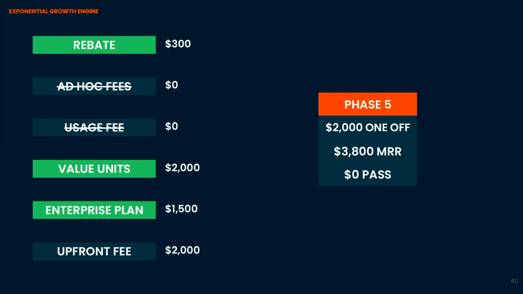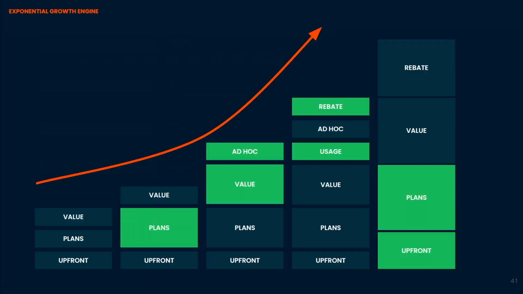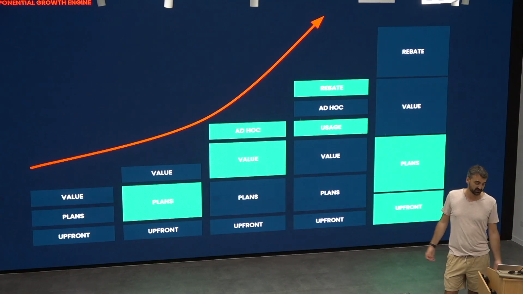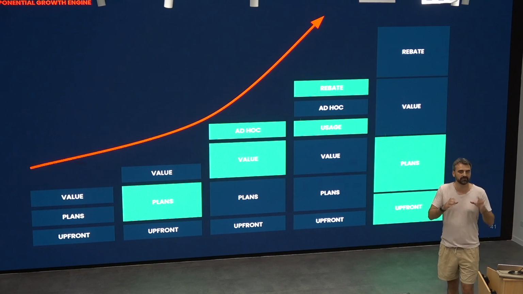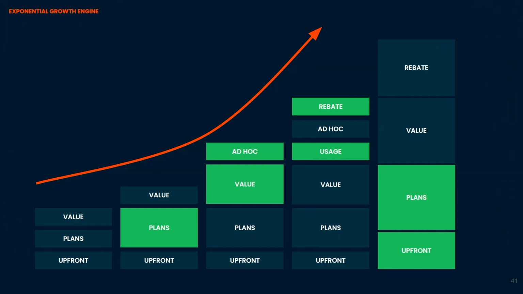It's a lot easier to sell to hundreds of customers for $200 a month than to one customer for 2 million. And you guessed it, with this pricing, when it's well done, it's exponential. So these are the phases 1, 2, 3, 4, 5, with implementing different strategies in your pricing.